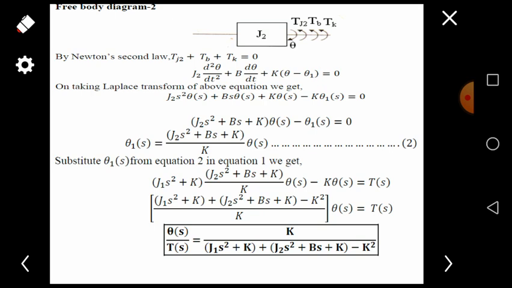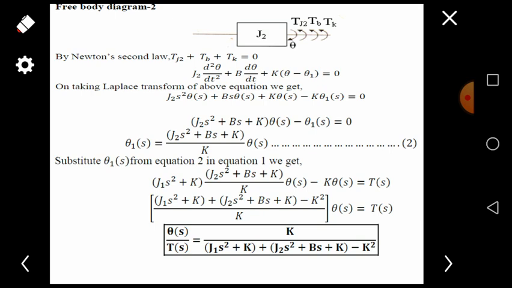Then we write the value for inertia, viscous friction, and the spring as J2 into d squared theta divided by dt squared plus b into d theta divided by dt plus k into theta minus theta 1 equal 0.